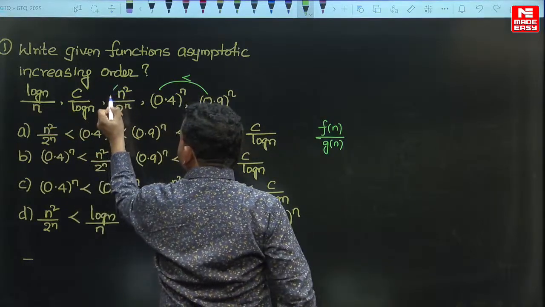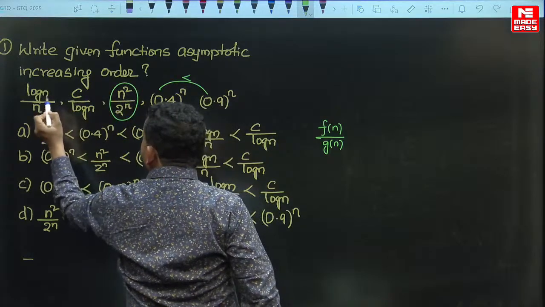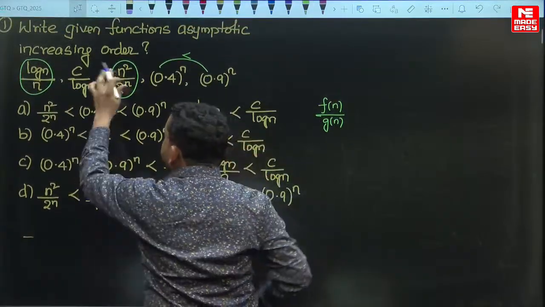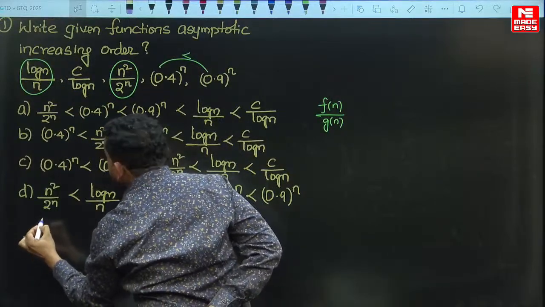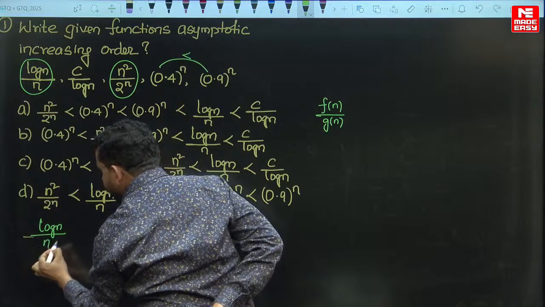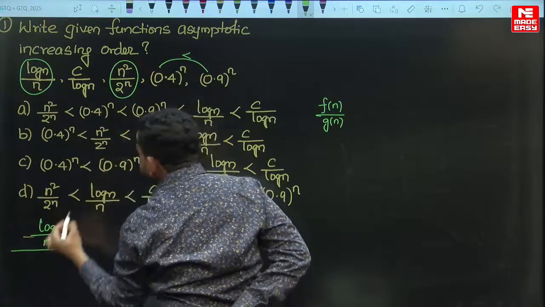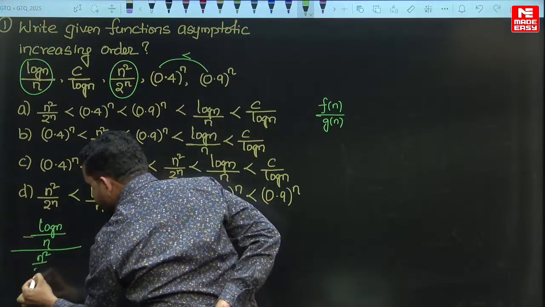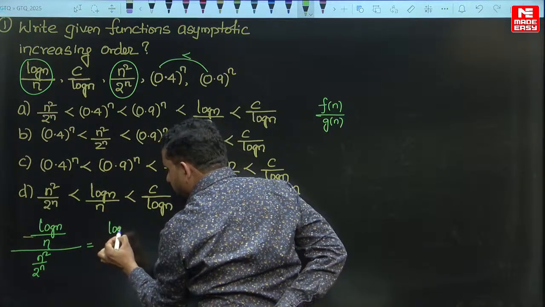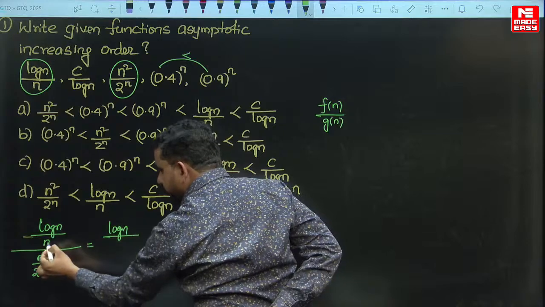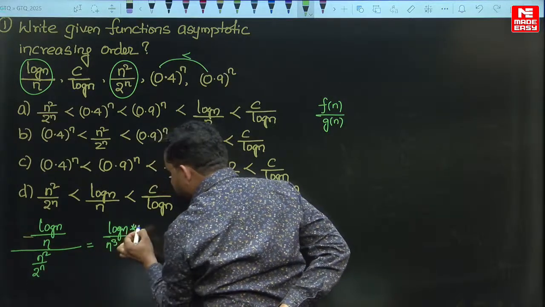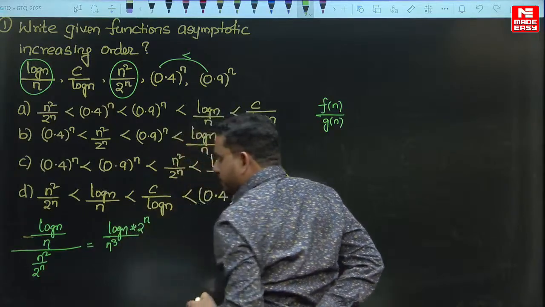If you compare n square by 2 power n versus log n by n, to compare the asymptotic growth of these two functions, compute the ratio. One is log n by n, divided by n square by 2 power n. Because both are decrement functions, compute the ratio, that is log n divided by n cube, and the denominator 2 power n becomes multiplication on the numerator side.